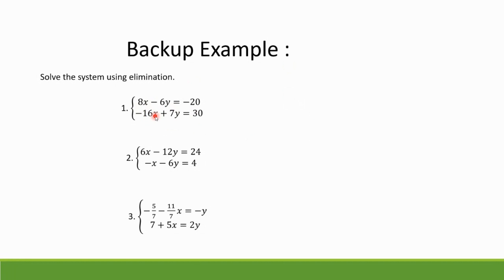If we just added, the answer is no. However, if I take this equation and multiply it by 2, the 8x turns into 16x, and if we add that with negative 16x, the x will vanish. If we add it initially, x is not going to go away. Neither is y.